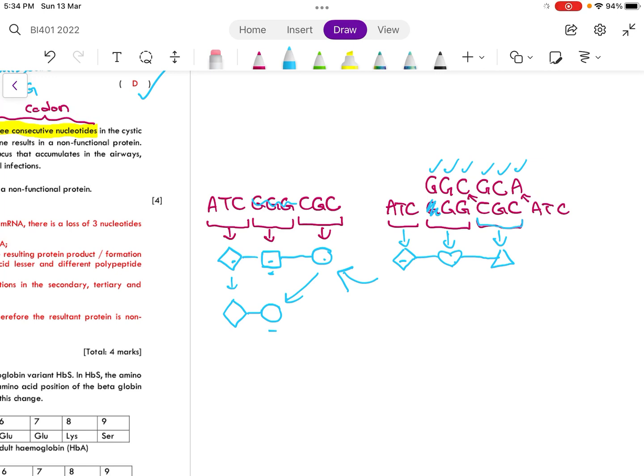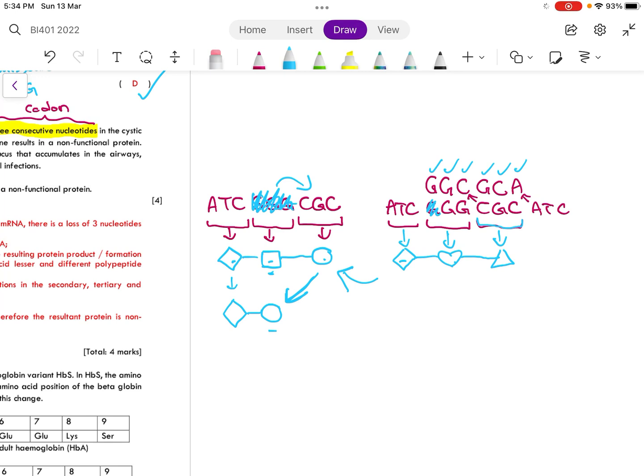Right? So when we refer to frameshift mutation, there is usually a change in the reading frame, and the codons will be read very differently. However, notice if we were to delete in multiples of 3, we don't really change the reading frame. The reading frame still is the same. We can still read the same amino acid after the one that's deleted, everything still remains the same. In other words, if we delete in multiples of 3, it's just like if we have a sentence, we just delete one word, and we can still read the sentence just without the word.